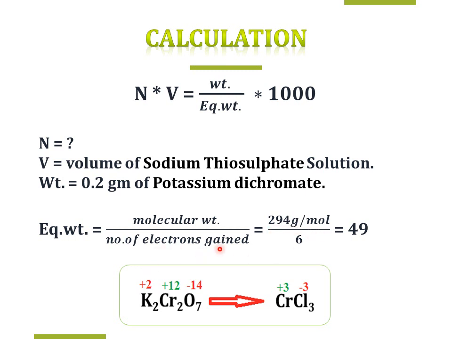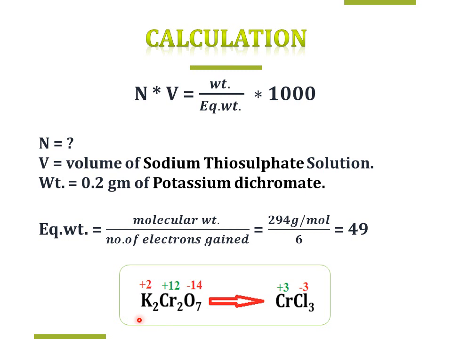Number of electrons gained. We said potassium dichromate is an oxidizing agent, so it is reduced and converted to chromium trichloride. How do I calculate the number of electrons gained in the redox reaction? Oxidation number of potassium equals plus 1, multiplied by 2 gives plus 2. Oxygen is minus 2 times 7, equal to minus 14.